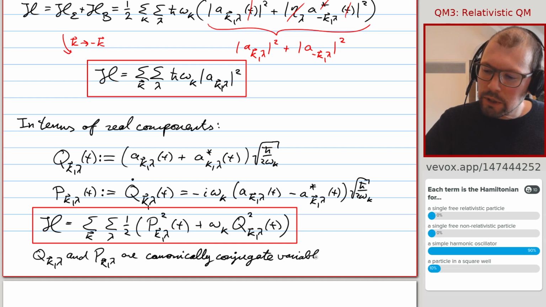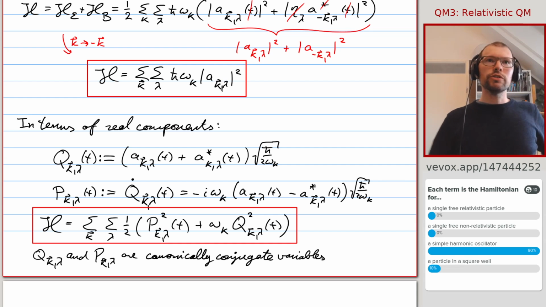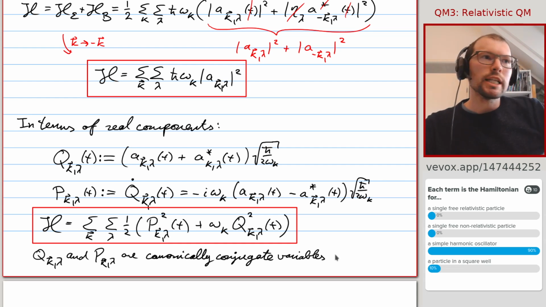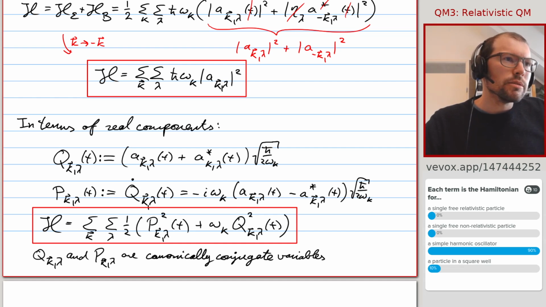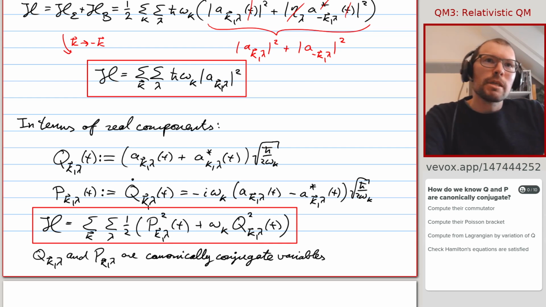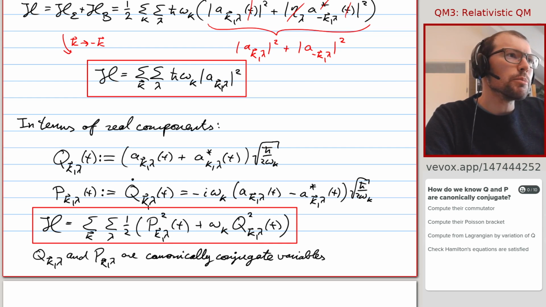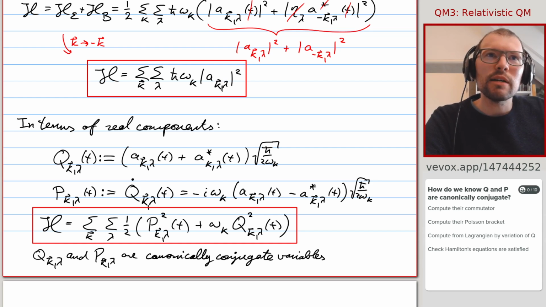How can I check whether two variables in classical mechanics are canonically conjugate? Let's do another poll there. So what should I do? Should I compute the commutator, compute the Poisson bracket, look at the Lagrangian or the Hamilton equations?